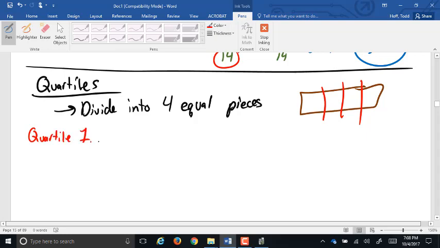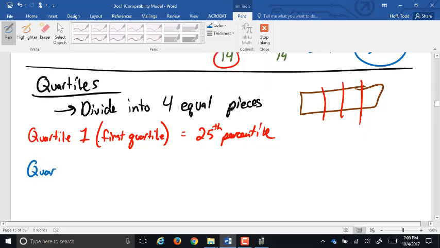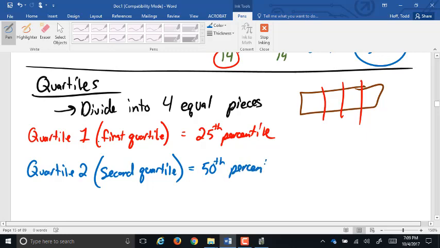Quartile 1, or the first quartile, is just the 25th percentile. Quartile 2, or the second quartile, is almost never called the second quartile because it is the 50th percentile, which we saw earlier is just the median.